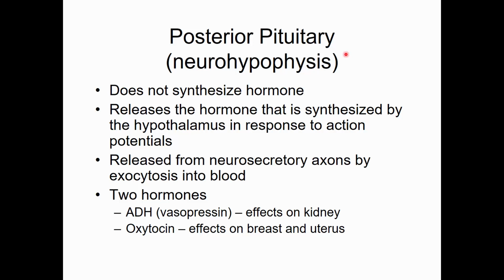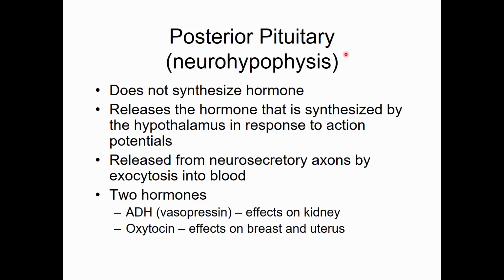The axon is projected down to the posterior pituitary, and that's simply the release site. So the hormone is actually synthesized by the hypothalamus, but released from the posterior pituitary. The posterior pituitary then has a capillary bed that it exocytoses the hormone into the blood.